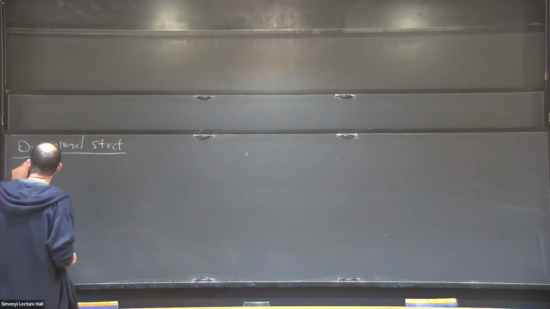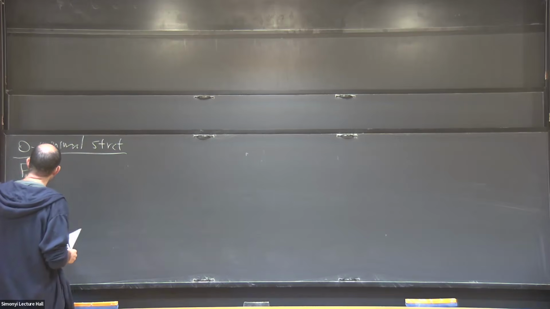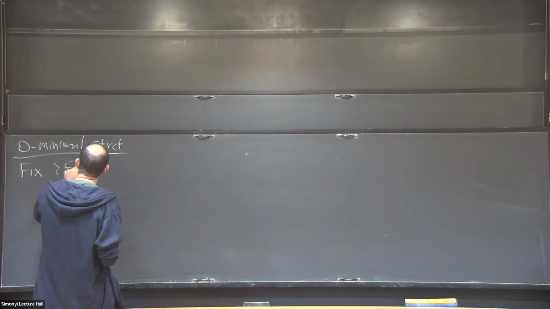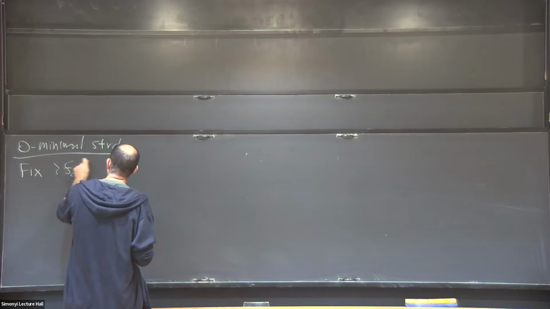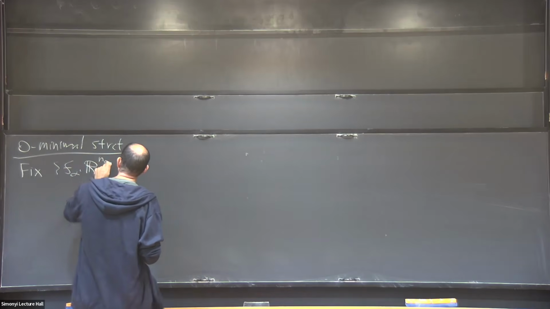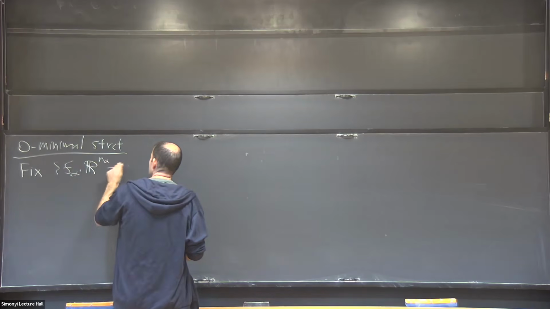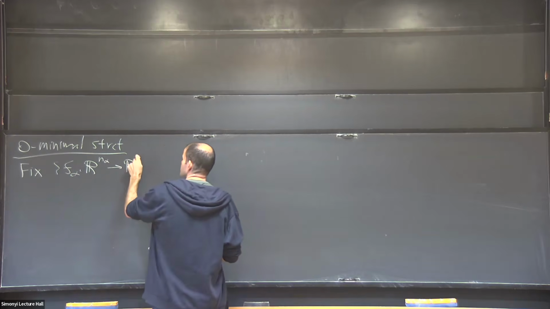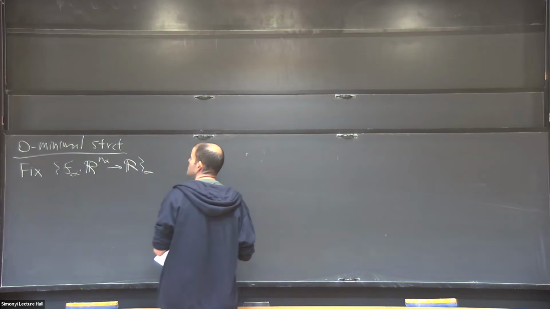I'll start by fixing a collection of functions. These will be functions from R^{n_alpha} to R, so it could be a different dimension for every function.